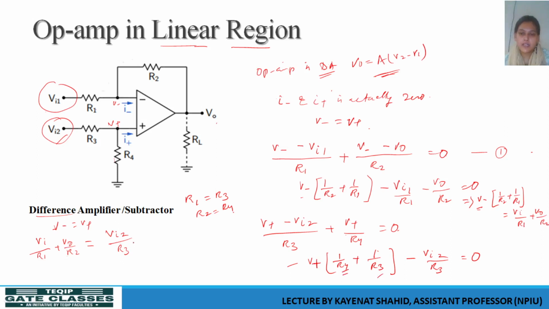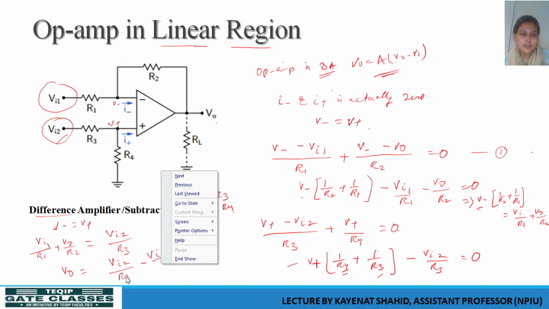That will be cancelled, and we can directly write VO as VI2 by R3 minus VI1 by R1, or this R3 can be written as R1, and this is R2.